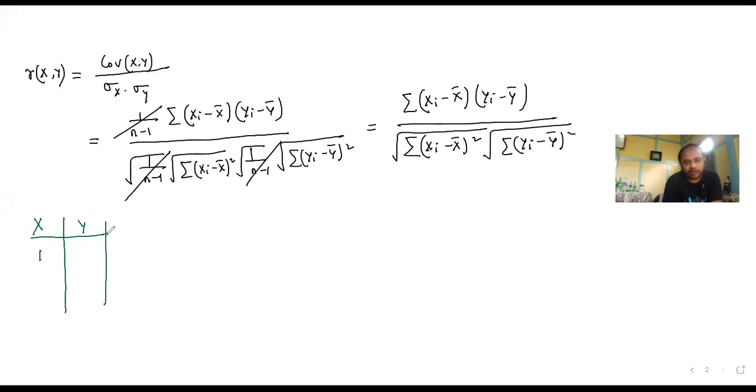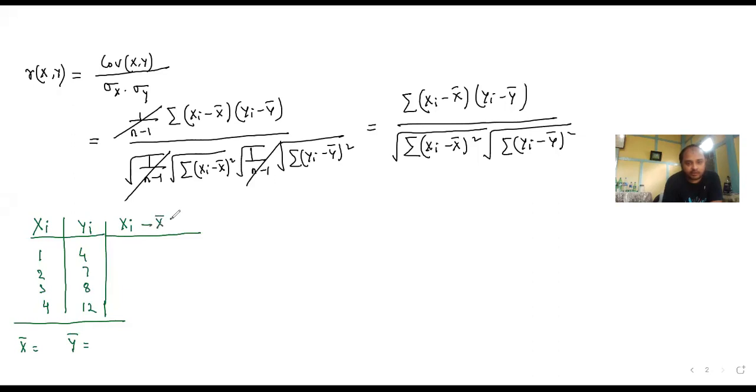Now if we have different values of x and y, such as 1, 2, 3, 4, 4, 7, 8, 12, then to calculate the correlation coefficient between them, we calculate in the following manner. We write xi and yi. From these columns we calculate x bar and y bar.